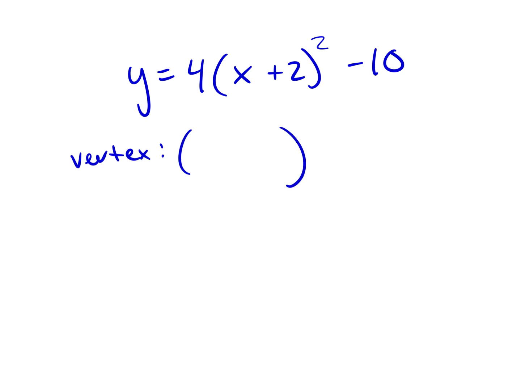What would our vertex be? So it comes from what we're adding on the inside and what we're adding on the outside. But you have to change the sign of the inside. So it'd be -2, -10.